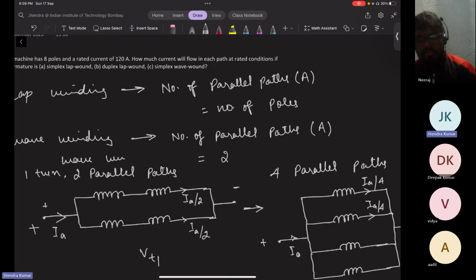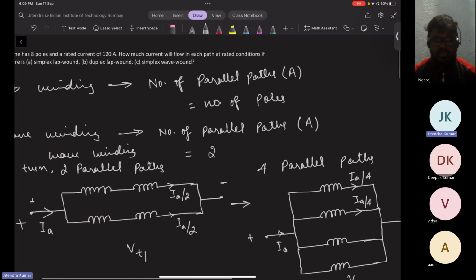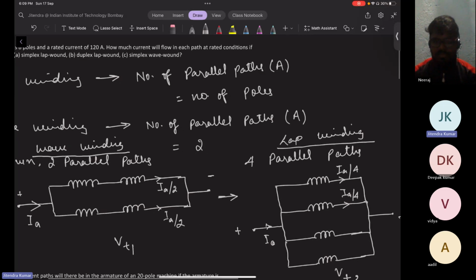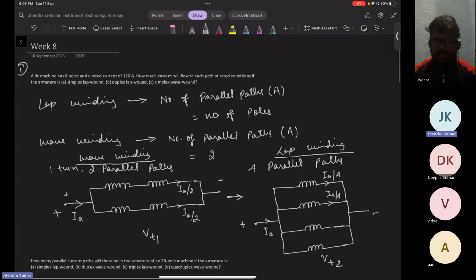However, lap winding is also possible, but let me call it wave winding to highlight the advantages and drawbacks. And here I am calling it lap winding. Okay, so I hope it is clear till now.